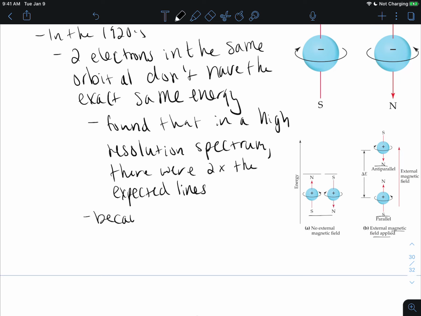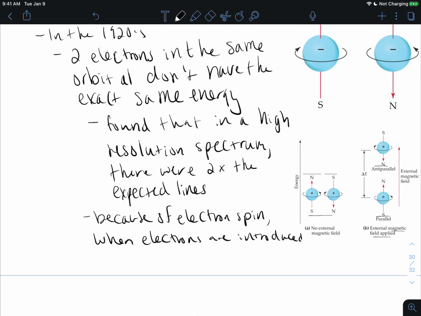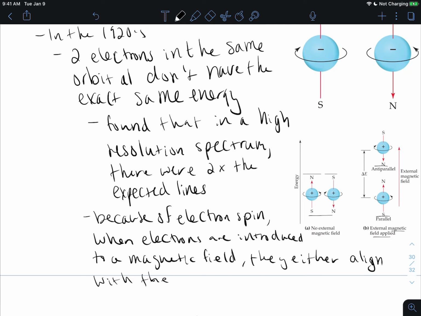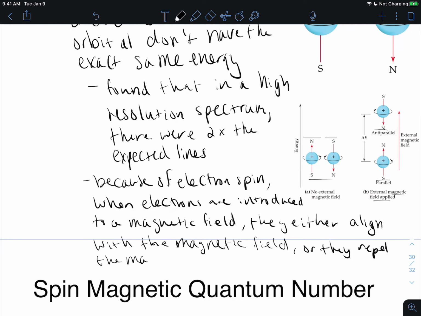So because of electron spin, when electrons are introduced to a magnetic field, they either align with the magnetic field, and when they align with the magnetic field, that is an energetically favorable thing, or they repel the magnetic field, an energetically unfavorable thing, which results in this significant difference in energy of these electrons when introduced to a magnetic field.